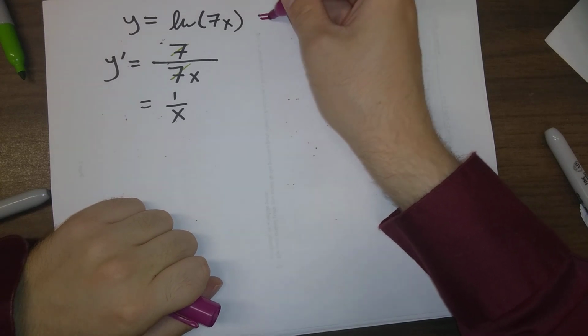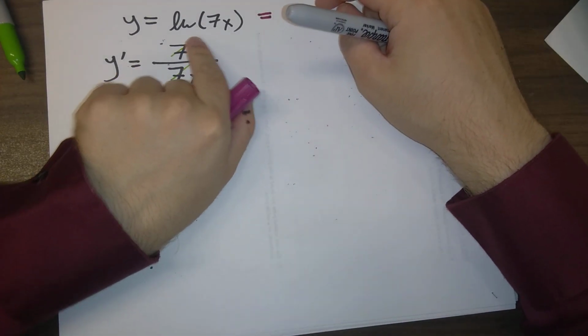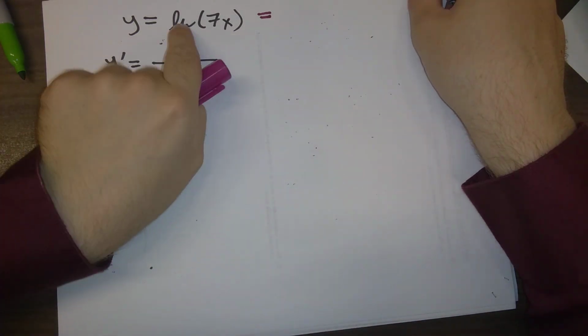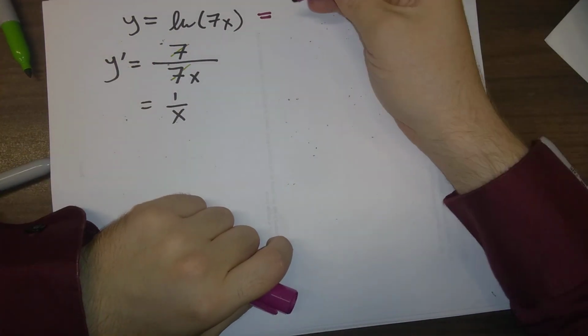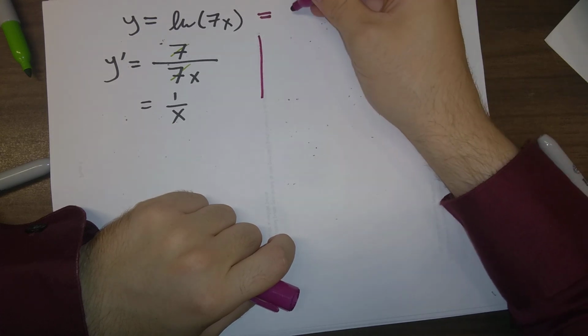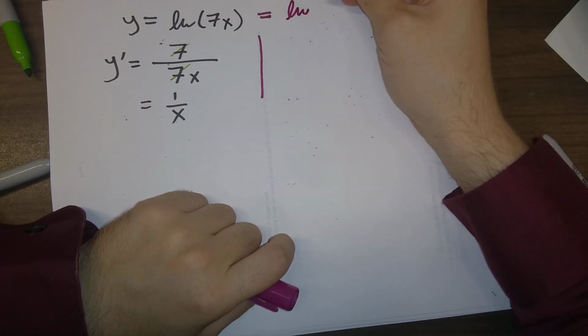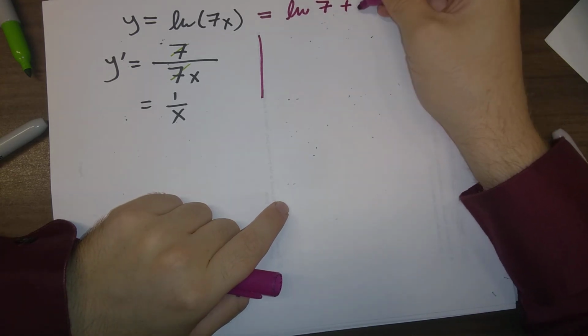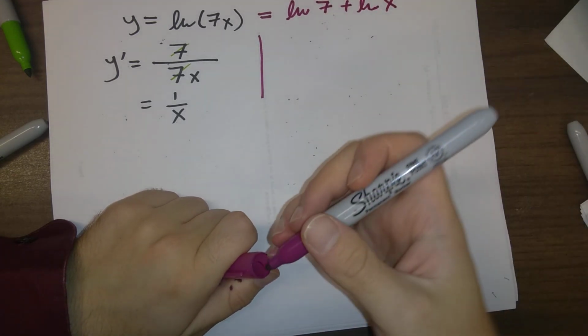Well, we can solve the mystery by asking ourselves, well, can we rewrite log of 7x in any way? So this is log of something times something. So our log rules tell us that we can rewrite this product as a sum. This is natural log of 7 plus natural log of x.